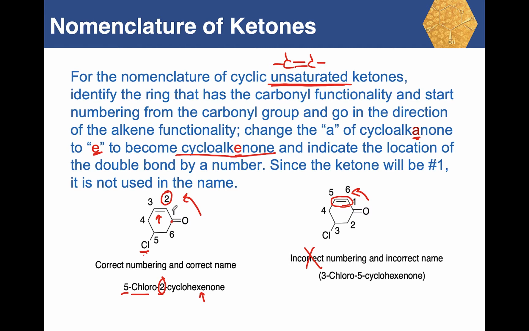It's just a matter of using a systematic way so that chemists from around the world can understand and communicate the names and structures of organic molecules. So once again, that's how you actually name unsaturated cyclic ketones.